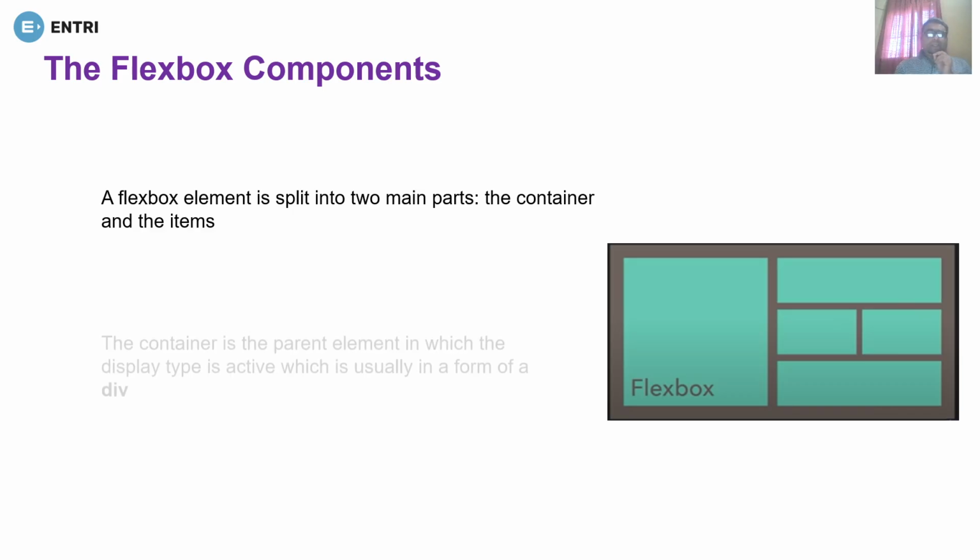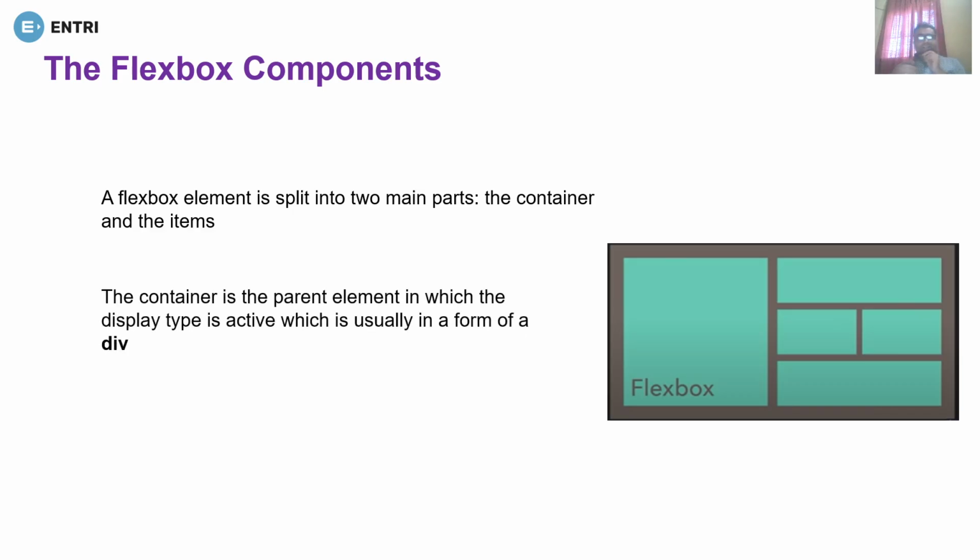Now if I'm talking about the container, which is referred to as the parent element, the parent element or the container is generally the active part where the display type is set. That is, the flex display type is actually set on the container, and then we work with the element properties when we set them on the element items.